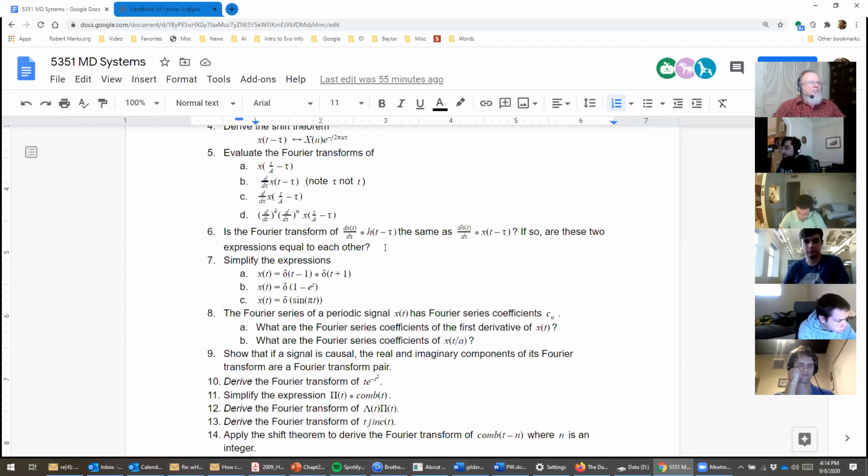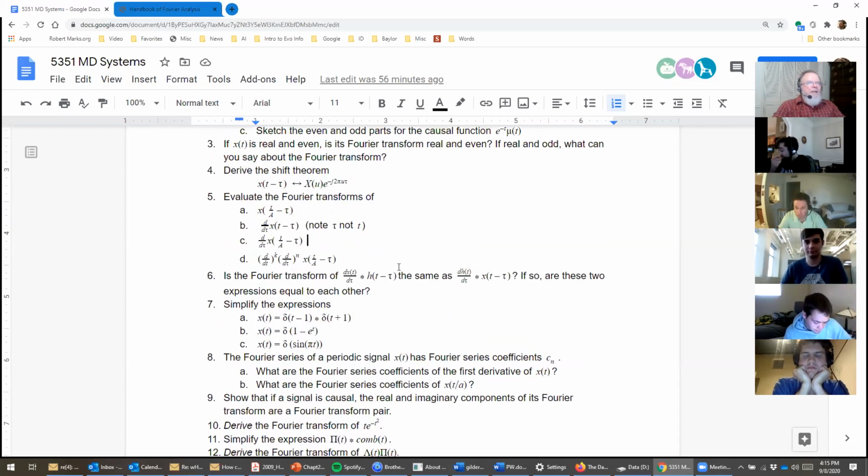So the answer is yes, because they both have the same Fourier transforms. That's the way that I would prove the equality of these. And for those naysayers online, I would ask for a simple counterexample. And by the way, the counterexample has to be righteous.